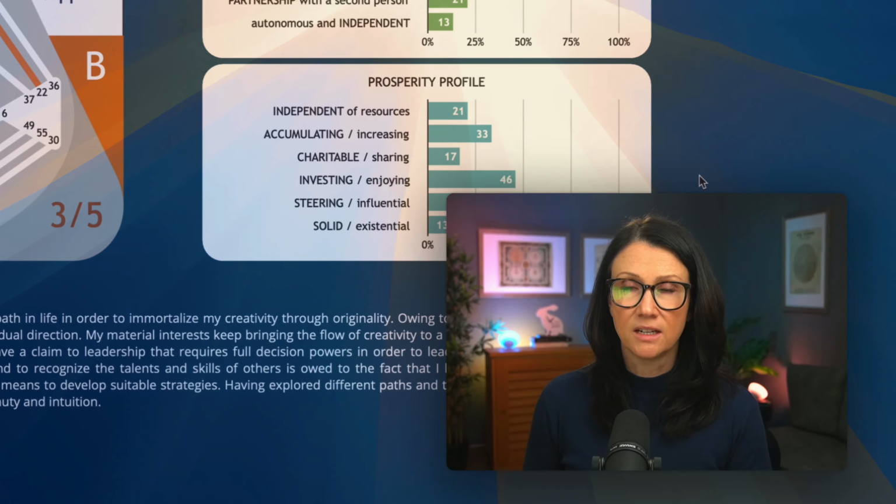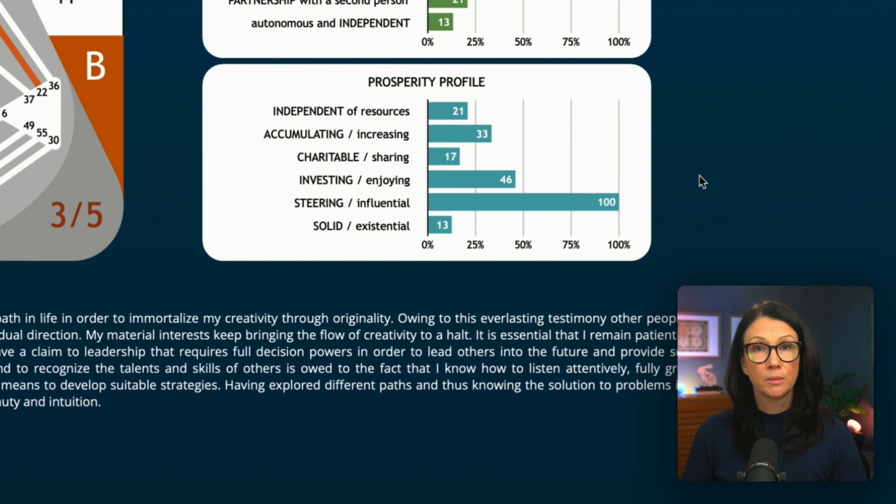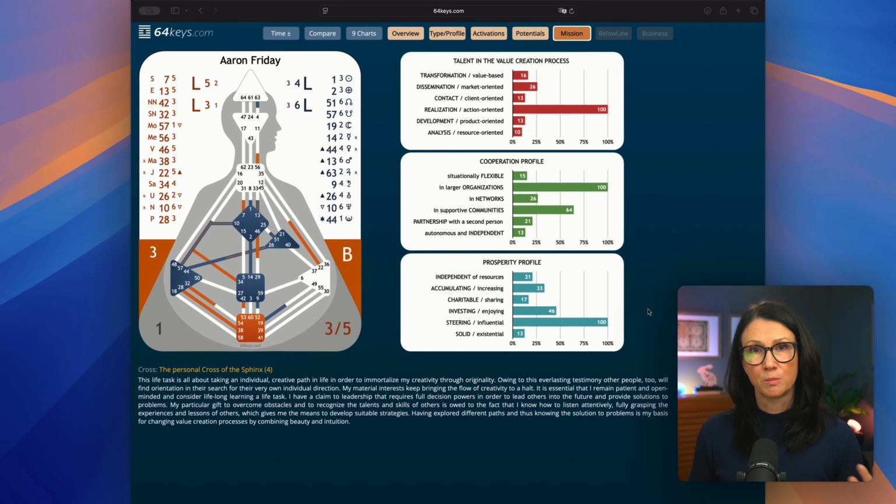The third part here analyzes how individual material prosperity can unfold for an individual. It's about prosperity in a wider sense, not only money, but feeling prosperous on all levels of life. And it's very interesting because we are all very conditioned how to handle resources, how to deal with money.